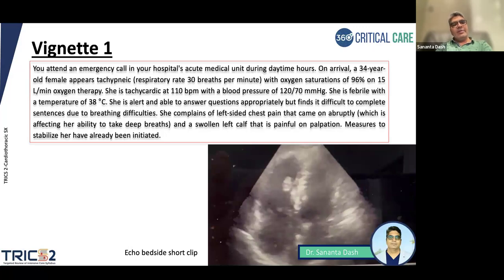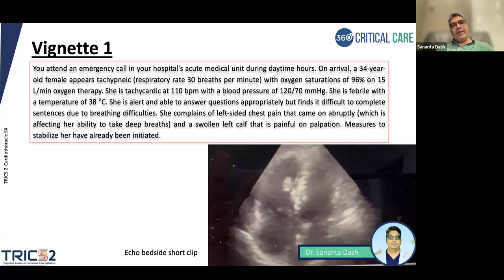She is febrile with a temperature of 38 degrees centigrade, and she is alert and able to answer questions appropriately, but finds it difficult to complete sentences due to breathing difficulty. She complains of left-sided chest pain that came on abruptly, which is affecting her ability to take deep breaths, and has a swollen left calf that is painful on palpation. Measures to stabilize her are already underway, right? So this will be an initial case vignette like that.